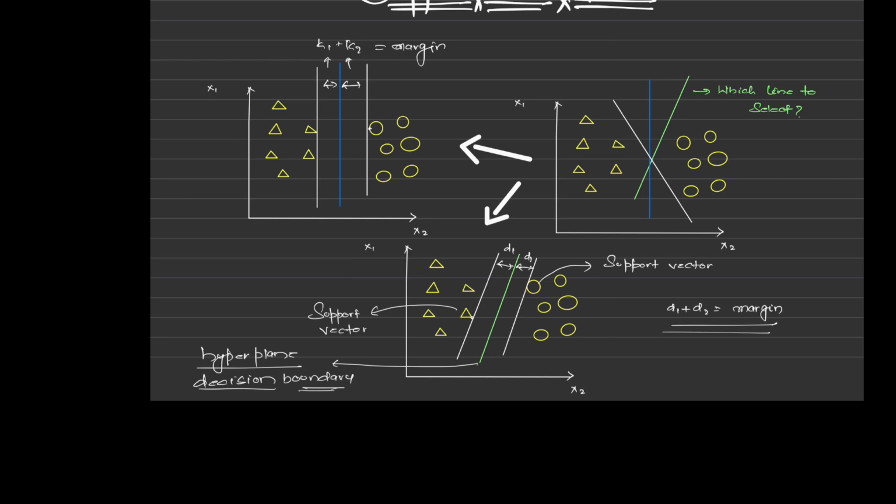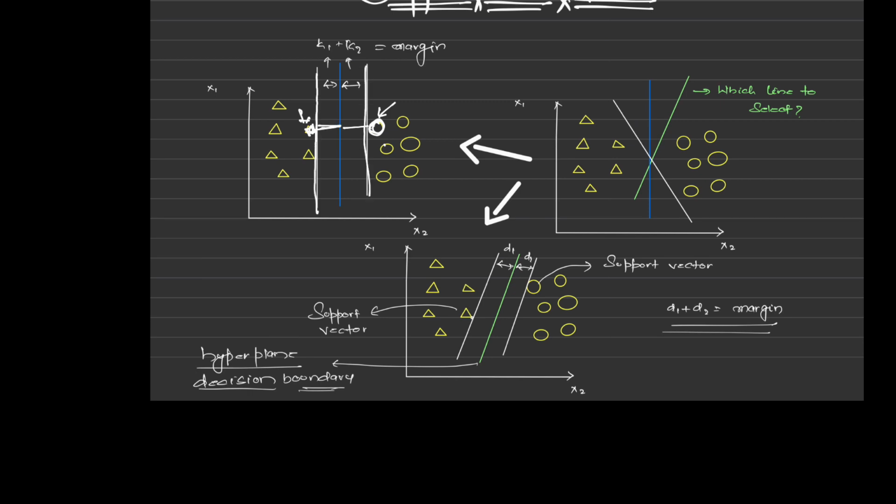So let's talk about the blue line. Again, for the blue line, this is my support vector from the triangles, because that is the nearest entity to the blue line among the triangles. And for the circles, this is the nearest entity. So I will call this a support vector, and this a support vector. And then I will plot the parallel lines.